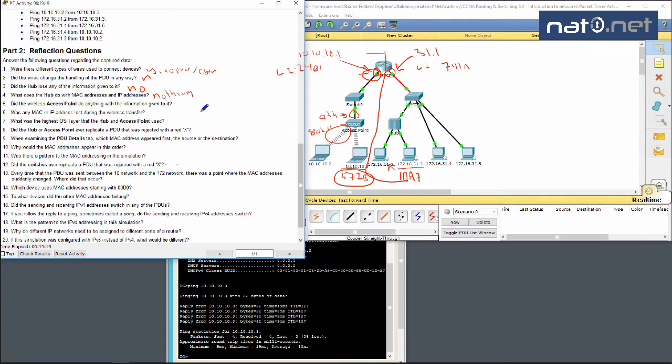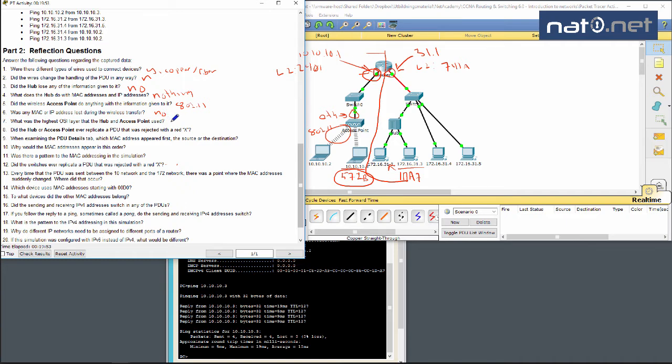So the answer is yes, it repacked it as a wireless 802.11 packet. Was any MAC address or IP address lost during the wireless transfer? No, it was not, because the addressing was intact during the travel. Otherwise, it could not reach its destination.